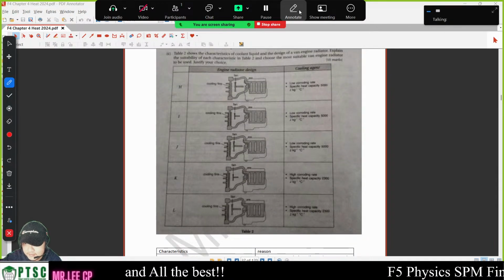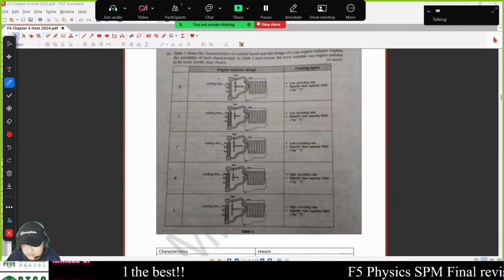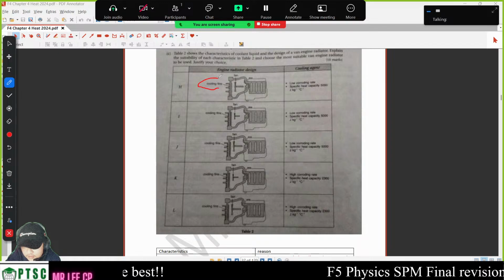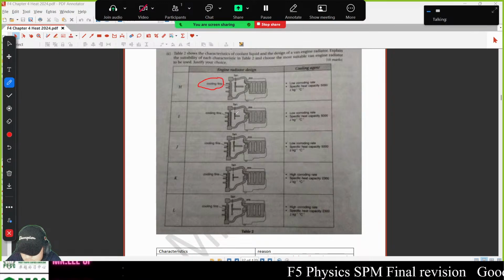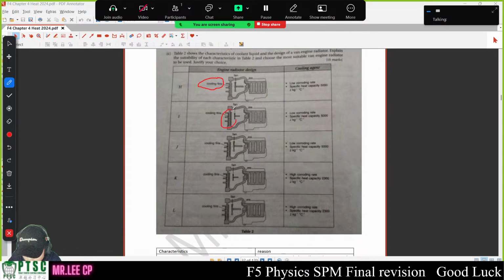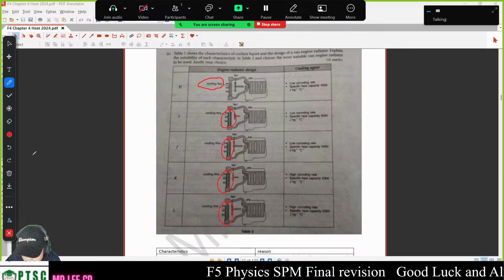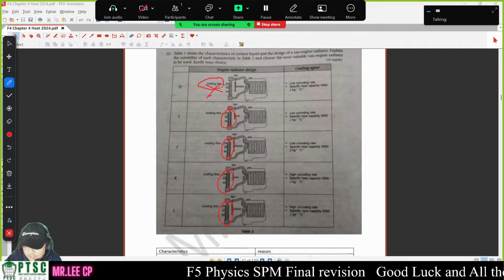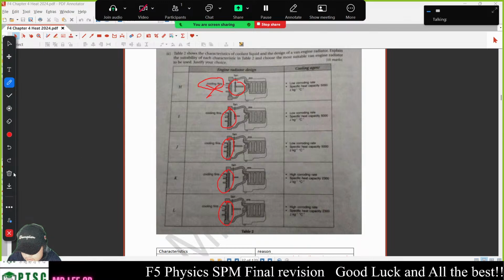Normally I will go from the left to the right. So cooling fins, right? You see the cooling fins here. This one is quite little. This one the density is quite high, so quite a lot. So this one is good. This one is good. This one is good. Okay, so this one is out. So fan, the fan here is big. This one is small.